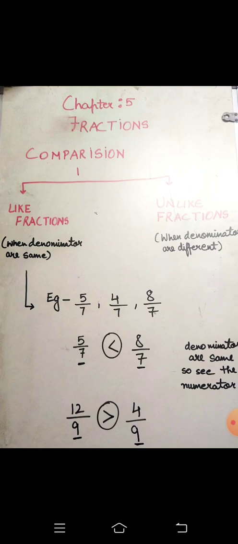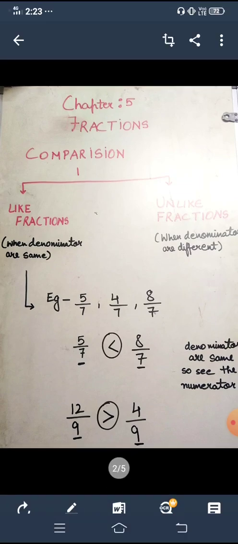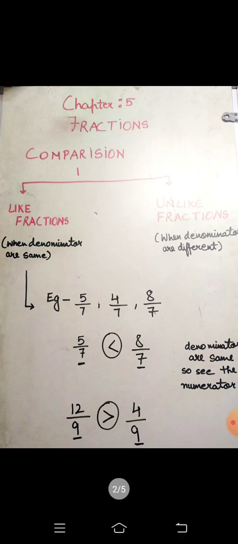Now let's come to the comparison of like fractions. When the denominators are same, they are called like fractions. Example in front of you: 5 by 7, 4 by 7, 8 by 7, where 5 upon 7 and 8 upon 7, we have to compare these two numbers. Now tell me which one is bigger.